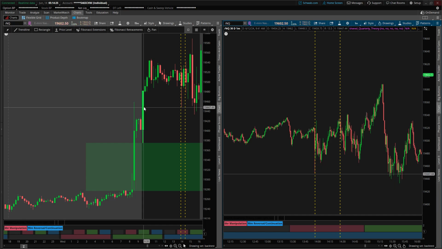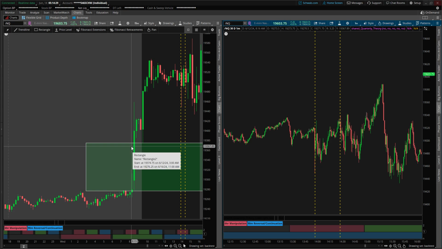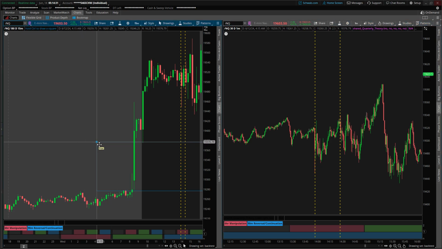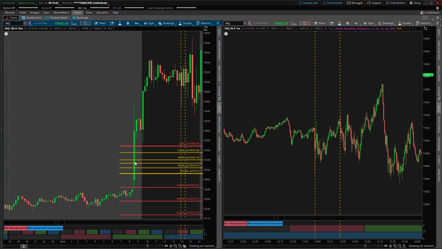So we had this rally up, and we also had this 15-minute rally. I'm gonna mark this out. This level is better than the 4-hour, so I'm gonna just mark this out. Actually, I'm gonna just delete this, to be honest. So I had marked this out. I did not take this trade.